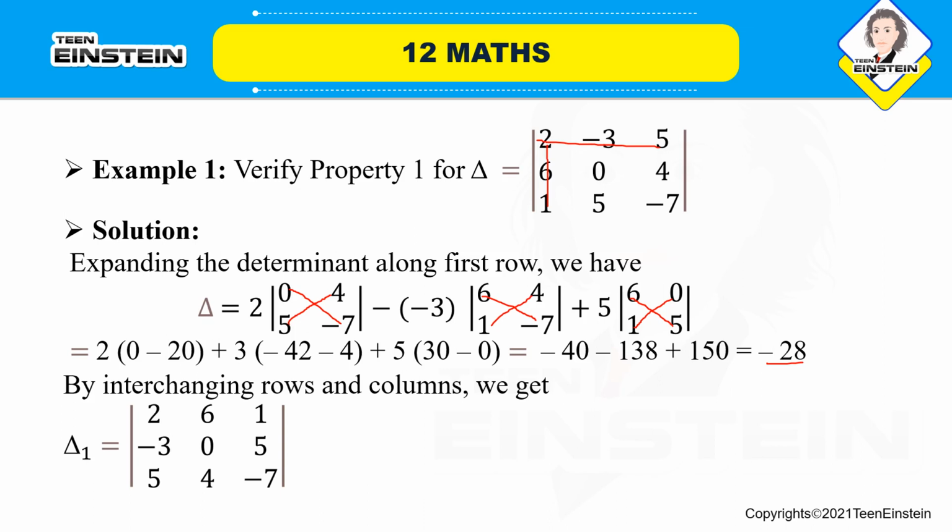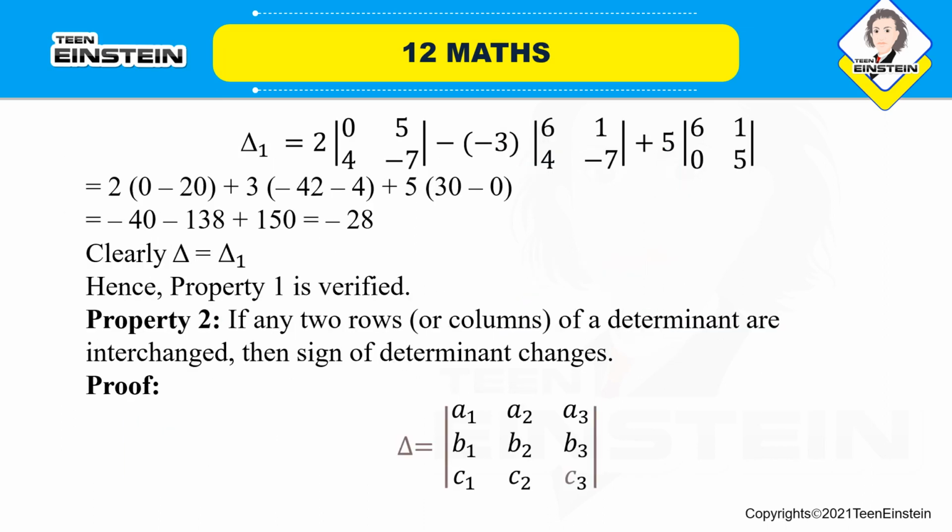Interchanging the rows and columns, we get the first row 2 minus 3 5 written as the first column in delta 1. The second row of delta, that is 6 0 4, is written as the second column of delta 1. And the third row of delta, 1 5 minus 7, is written as the third column here.